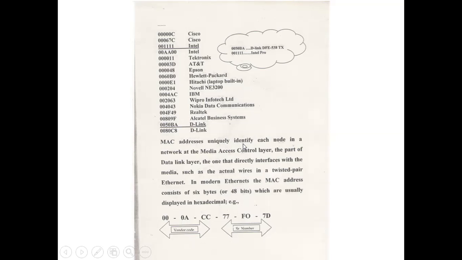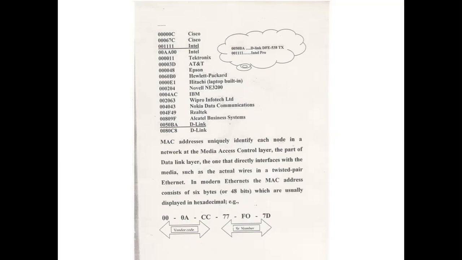MAC addresses uniquely identify each node in a network at the media access control layer, part of the link layer. Now try to understand: the data link layer is divided into two parts, number one LLC and number two MAC. The upper portion is logical link control, and the lower portion of the data link layer is media access control.